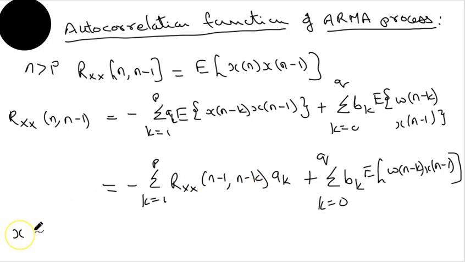Now let us consider x of n minus j in the range j equal to 2 to p.